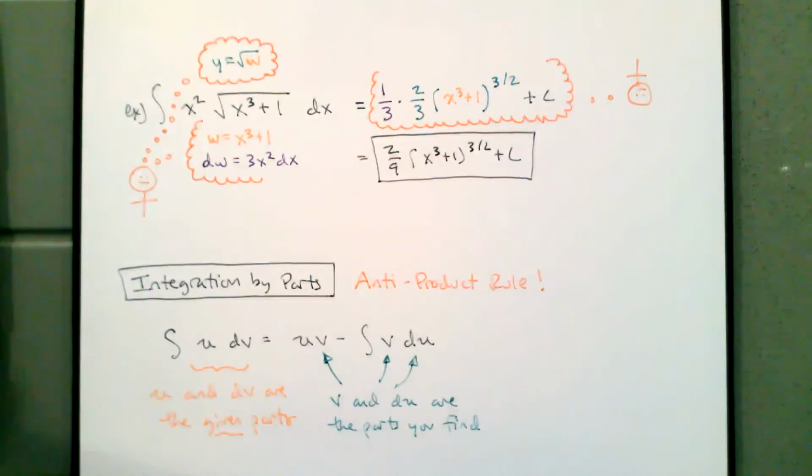So the v and the du are the parts that you find. Then you just put it all together in the formula, uv minus the integral of v du, and integrate the v du part.